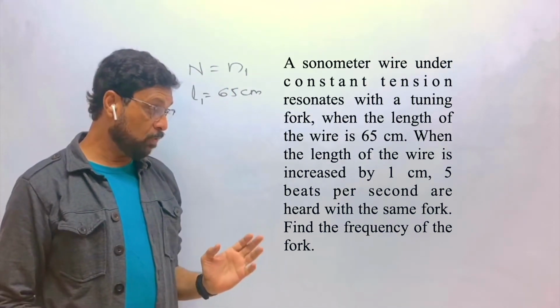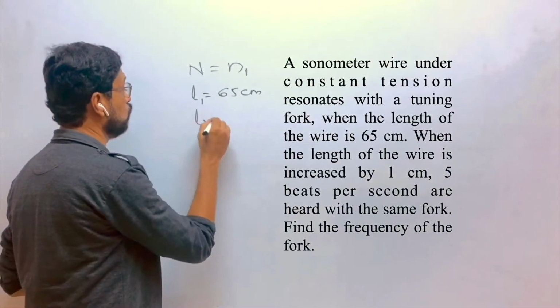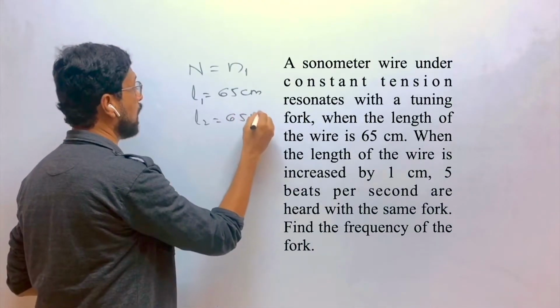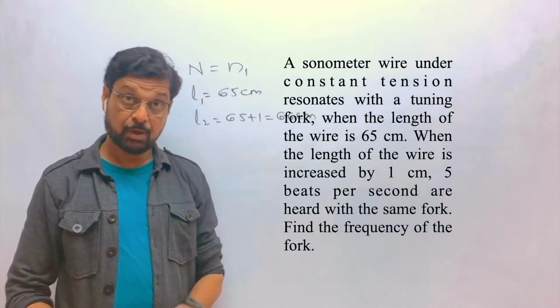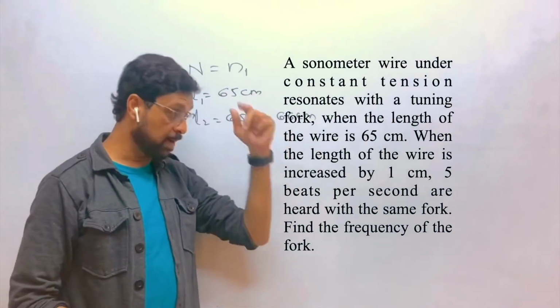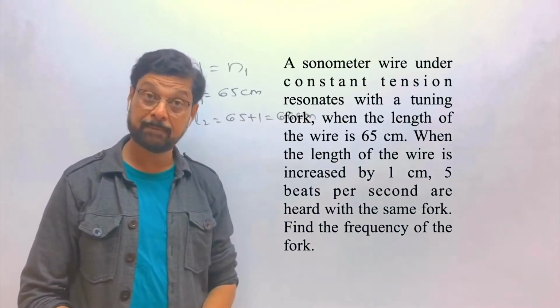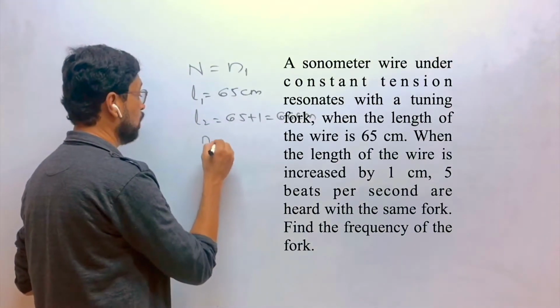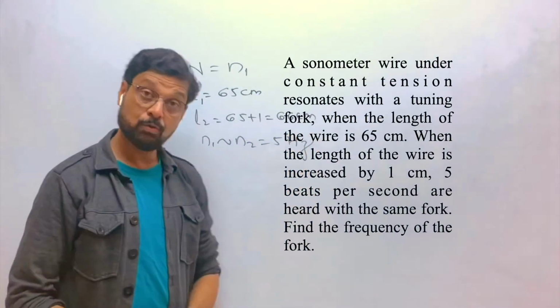When the length of the wire is increased by 1 centimeter, means L2 is equal to 65 plus 1, that is 66 centimeter. 5 beats are heard per second. Means N1 minus N2 or N2 minus N1 is equal to 5 hertz.